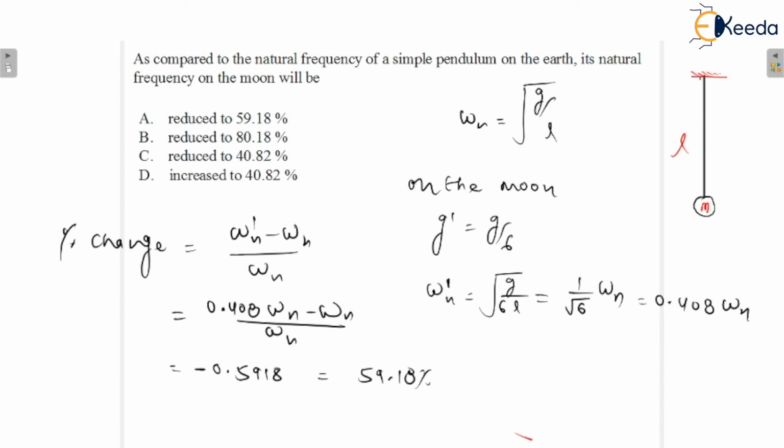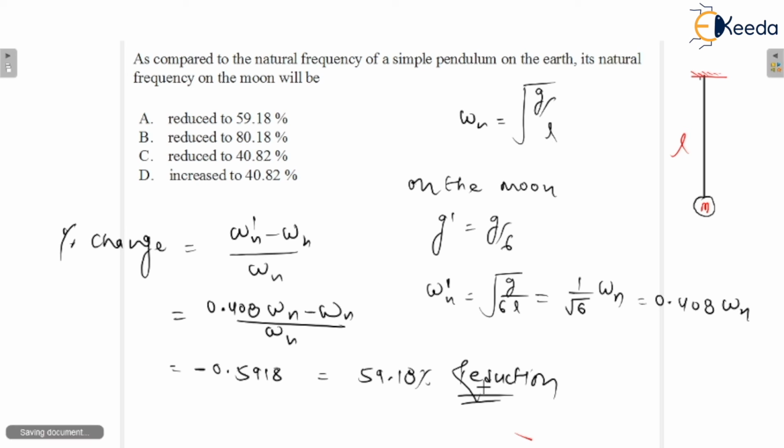But basically, there will be a minus sign because it is 0.408 minus 1. When you take the common omega n, it would be negative. Minus means reduction. So you can say there is a reduction. So the natural frequency on the moon will be reduced to 59.18.